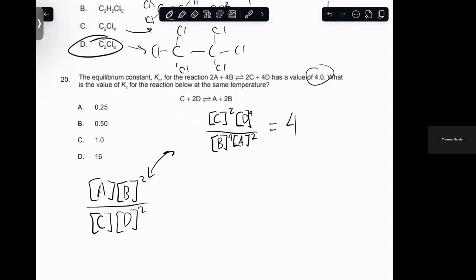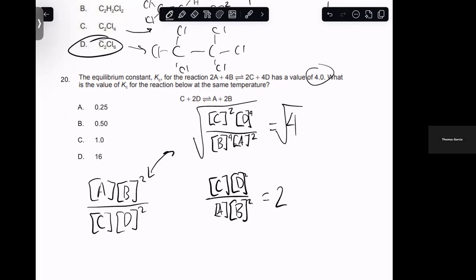Well, the first is I notice all my exponents are honestly way too high. So I'm going to square root both sides. When I square root both sides, I get C D squared divided by, and I'm going to switch these around from how I said it before, A B squared is equal to 2. This is almost exactly what I want, but the problem is I need to swap those. So what I instead do is I multiply both sides by the negative first power.